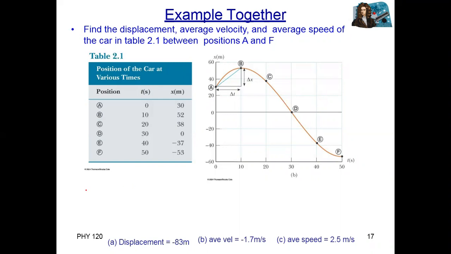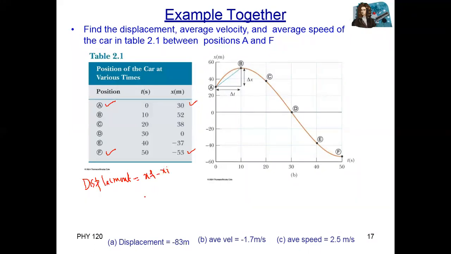Displacement. Starting position from A, position is 30. Then F, position is minus 53. So what will be the displacement? Minus 53 minus 30. Yes, actually XF minus XI.